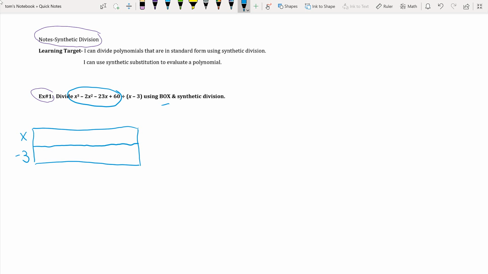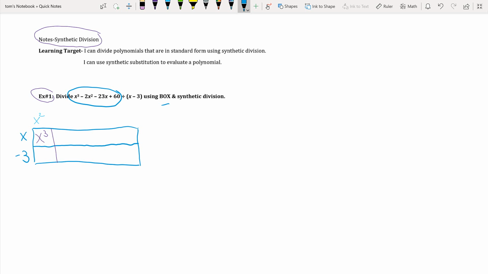Our answer is going to be what goes across the top of the box, that other factor. So we have to think backwards here. The first term goes in that first box. I think most of you are pretty good from there on how to finish this. But that's going to be an x squared.